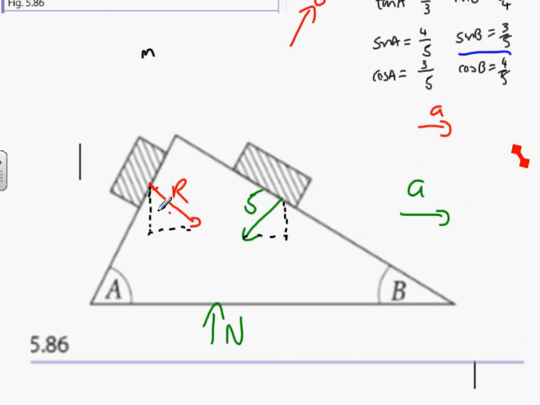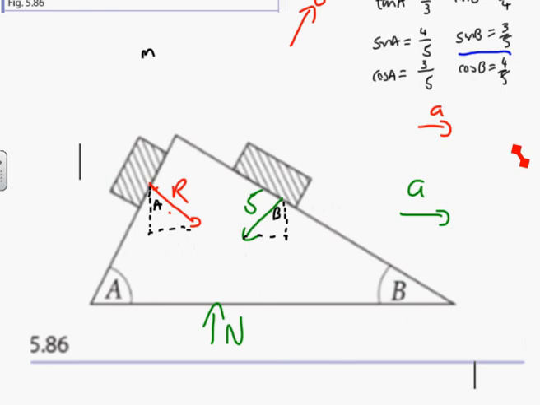So, this here is angle A, this here, angle B. This means this is R cos A, this is R sin A, this is S sin B, and then S cos B.